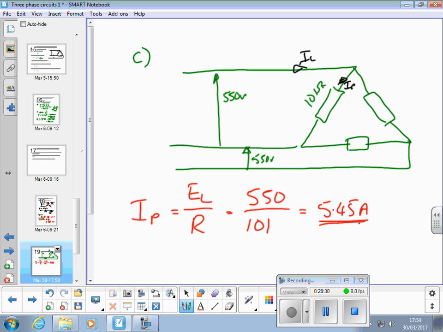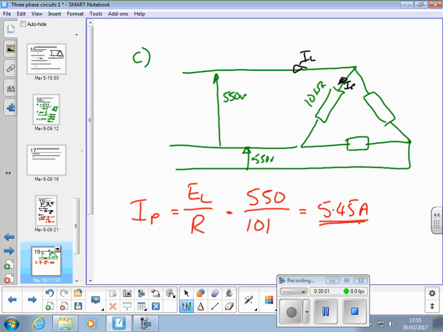So that's why this current is root 3 bigger than the current in the phase. We're isolating one part of the system. Equally, we could isolate that resistor, which is being fed by the 550 volts between this bottom phase and the top one. Doesn't matter which one we pick, because that's a balanced system. Everyone alright with that?